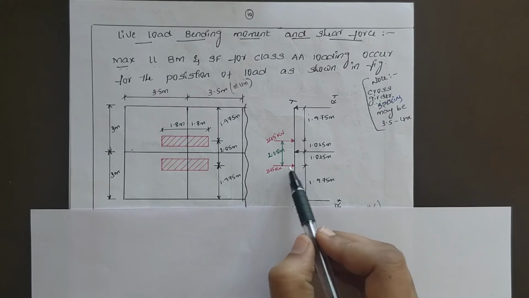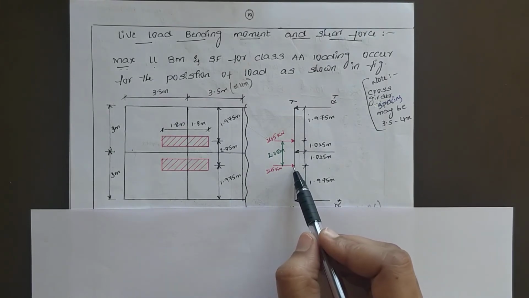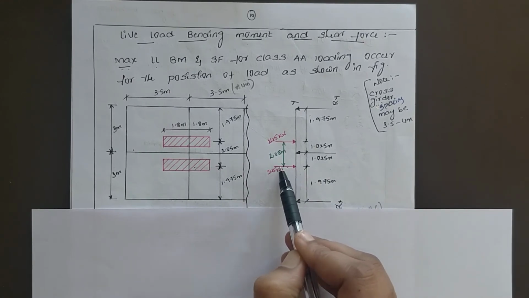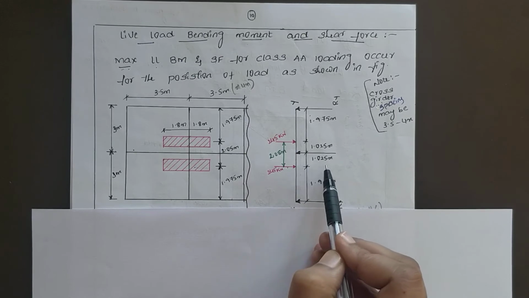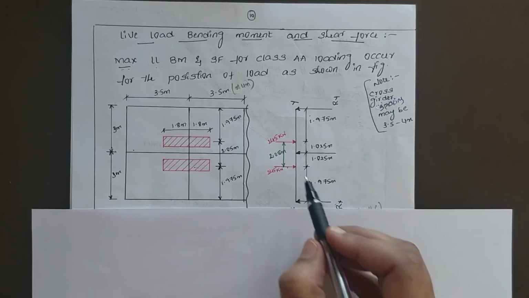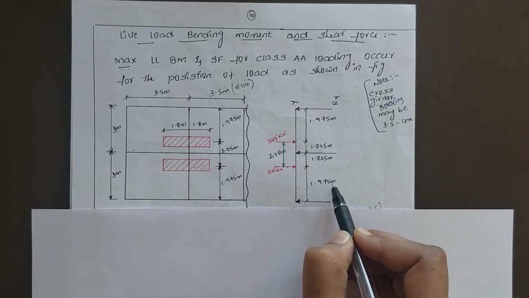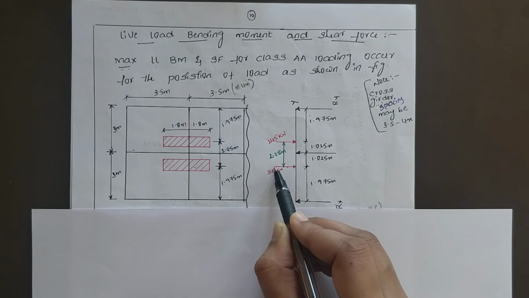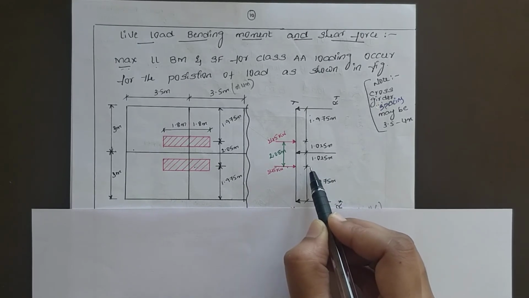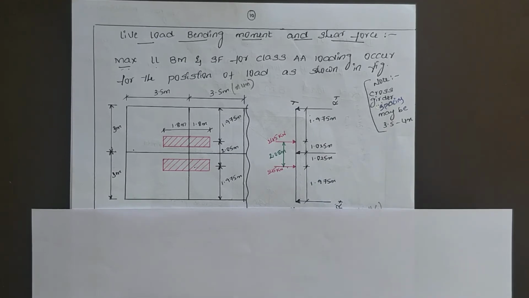You can observe in this figure, the live load bending moment will be maximum at the load itself. Load itself means the wheel load. At this point you need to consider a section and calculate the live load bending moment at a distance of 1.975 meter including impact factor.